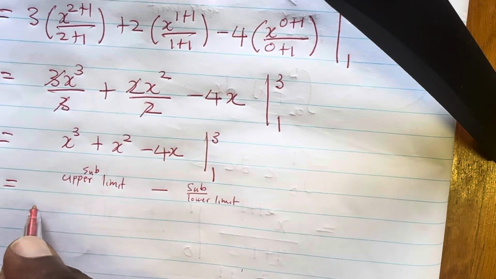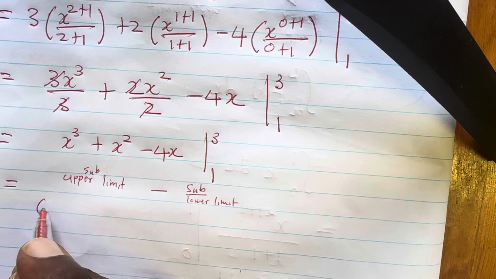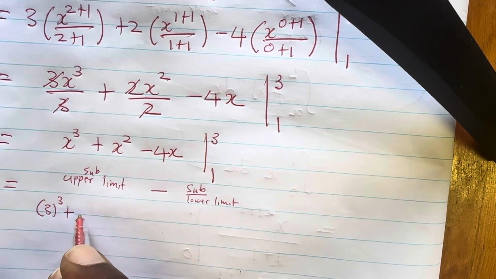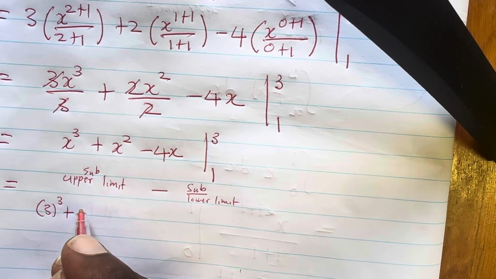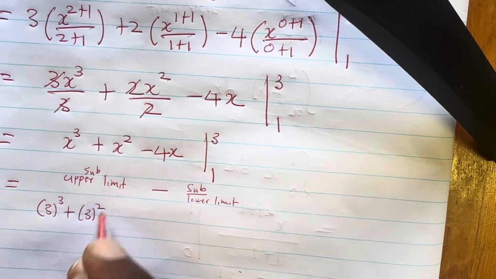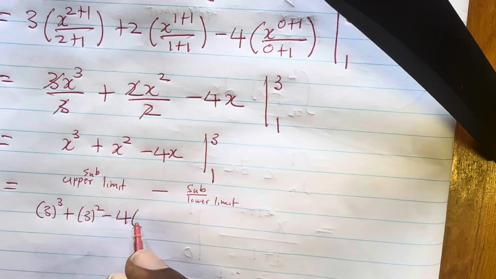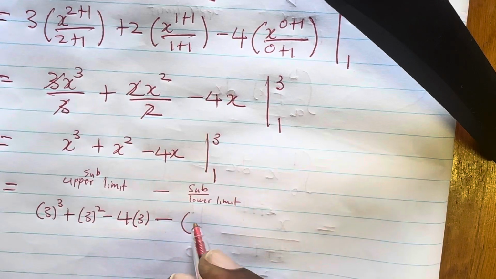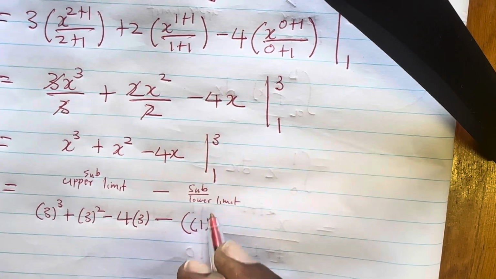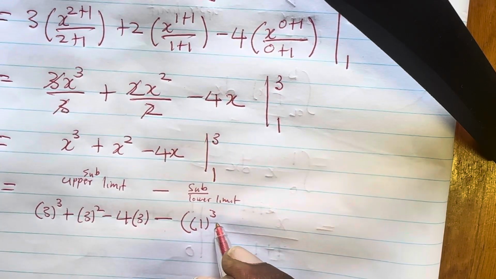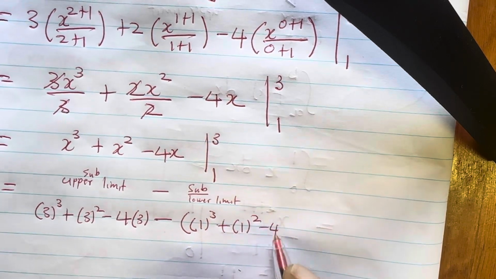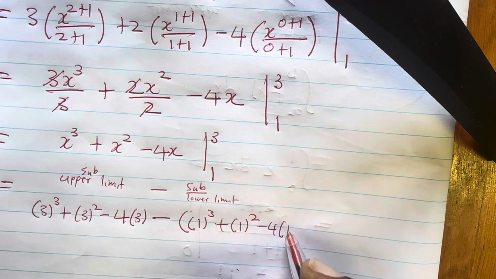We have 3 cubed plus 3 squared minus 4 times 3, minus, 1 cubed plus 1 squared minus 4 times 1.